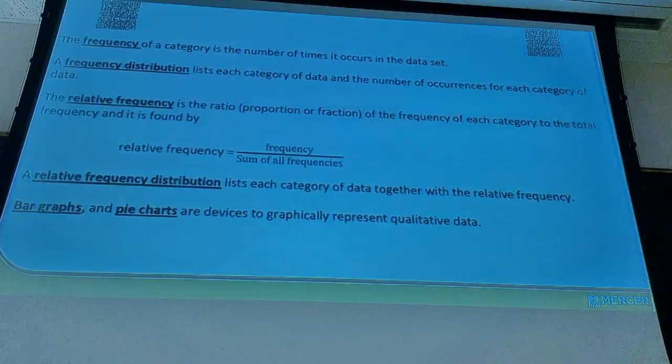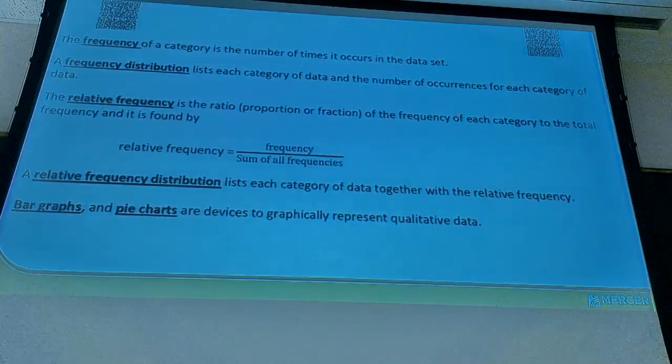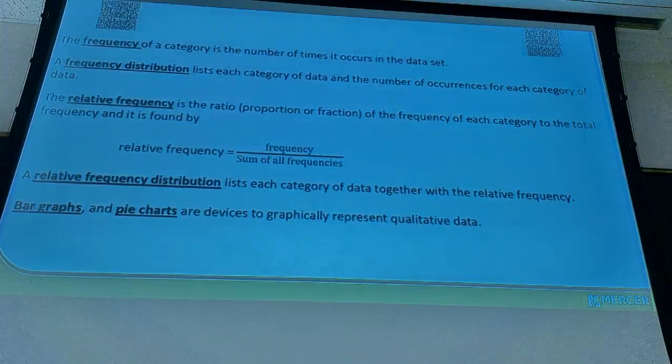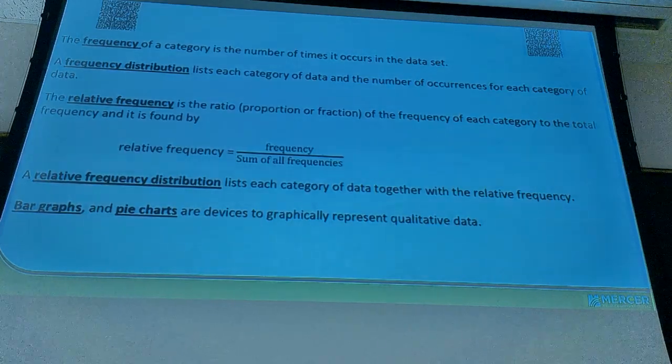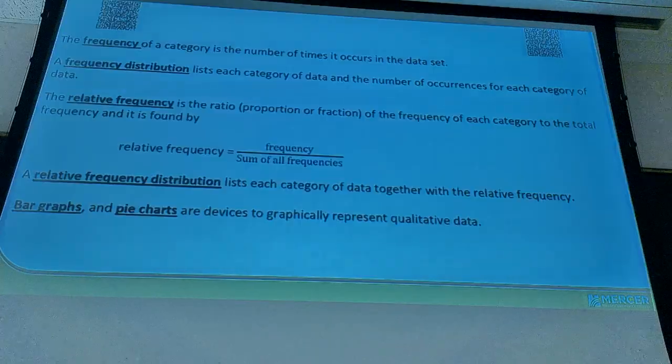You have your horizontal axis, which lists the categories. You have your vertical axis, which lists the frequency. For each category, you just draw a rectangular box that goes up to the frequency.